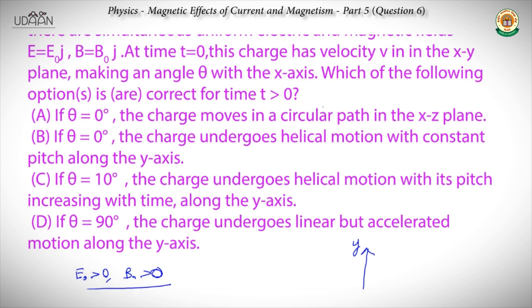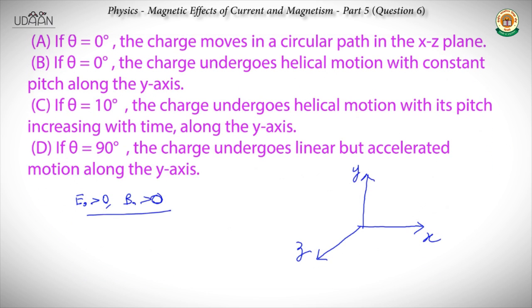Now moving on to our first case. If theta equals 0 degrees, basically it is moving here. We have E0 here, and we have B0 here.